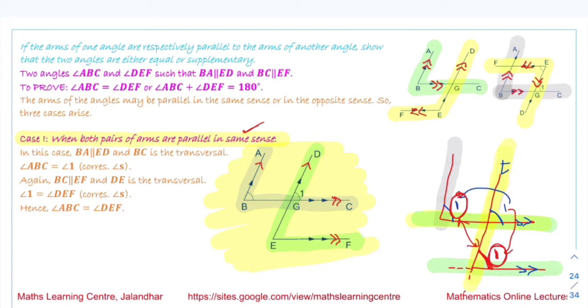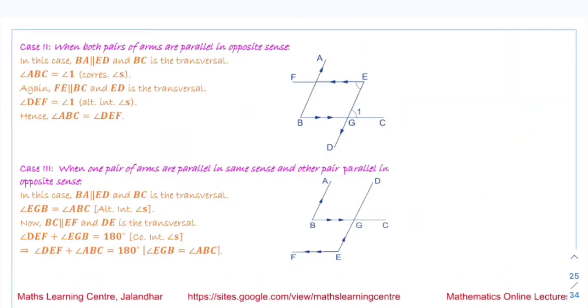Now we come to the second case. The second case is when both pairs of arms are parallel in opposite sense. Parallel in opposite sense means that if this arm, we are talking about BA, is in this direction, and the arm of the second angle is in this direction.